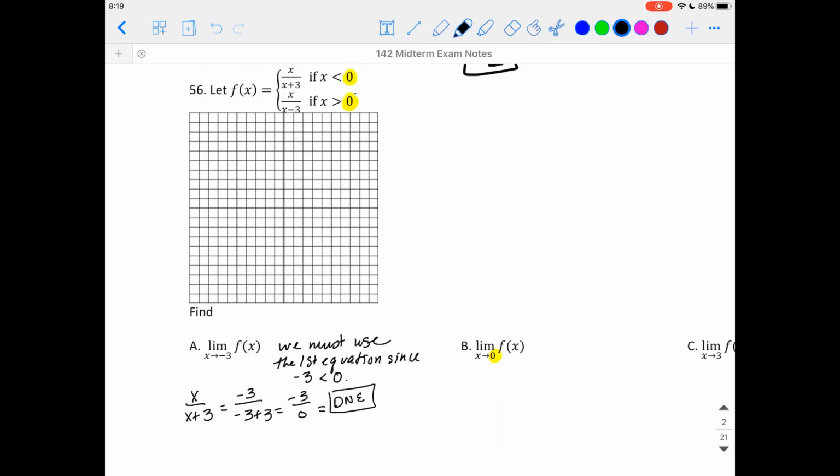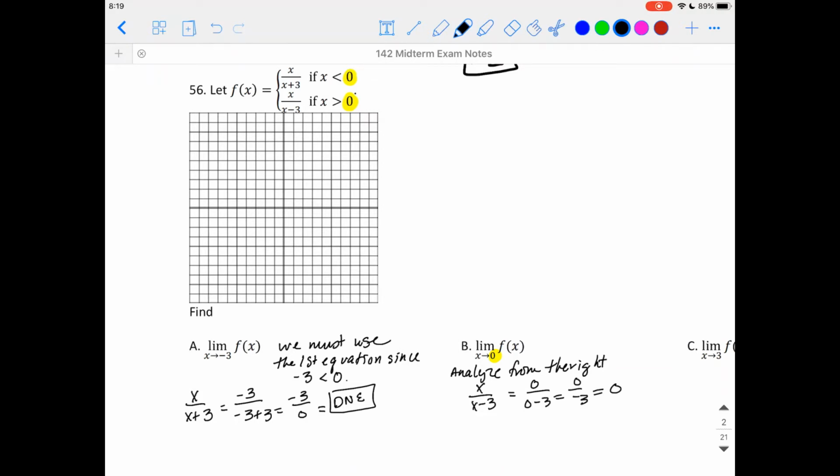Okay, so analyzing from the right, it is going to be x over x minus 3, and wherever we see an x, we're going to put 0, and 0 divided by -3 is 0.